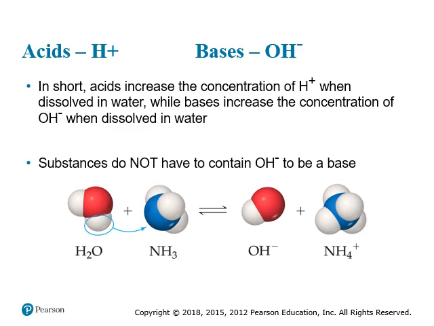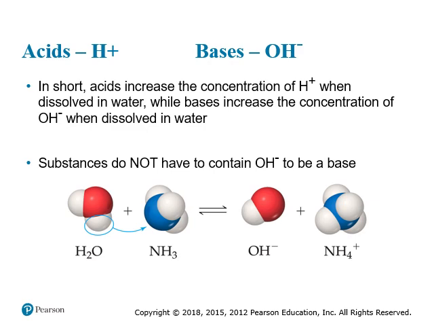Bases increase the amount of OH minus in solution, while acids have to have hydrogen in them so that they can break apart into H plus and the corresponding anion. Bases do not necessarily have to have OH minus in them.